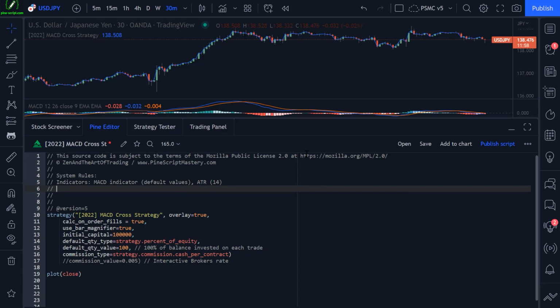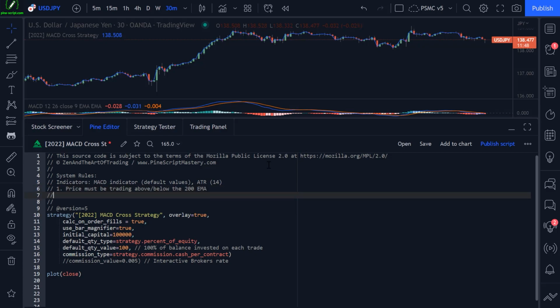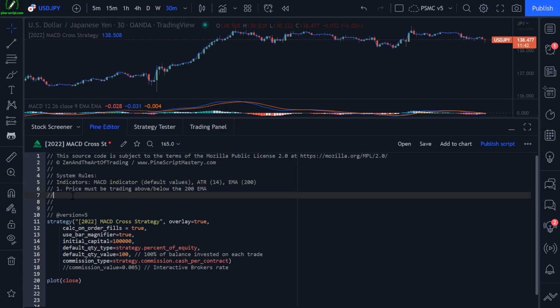The first rule of this strategy is that price must be trading above or below the 200 EMA. I should probably add EMA 200 to our indicators then. The second rule is one that I came up with while I was building out the system. I found that it significantly increased the profitability of the system because it removed a lot of noise.